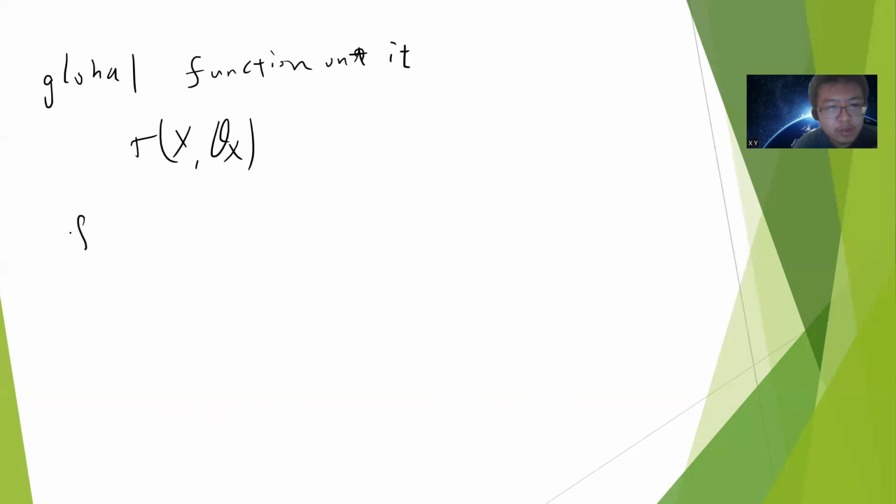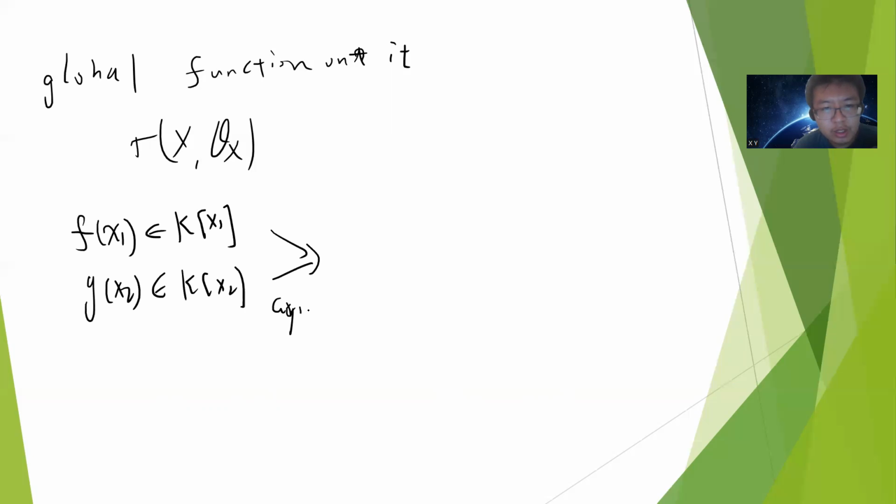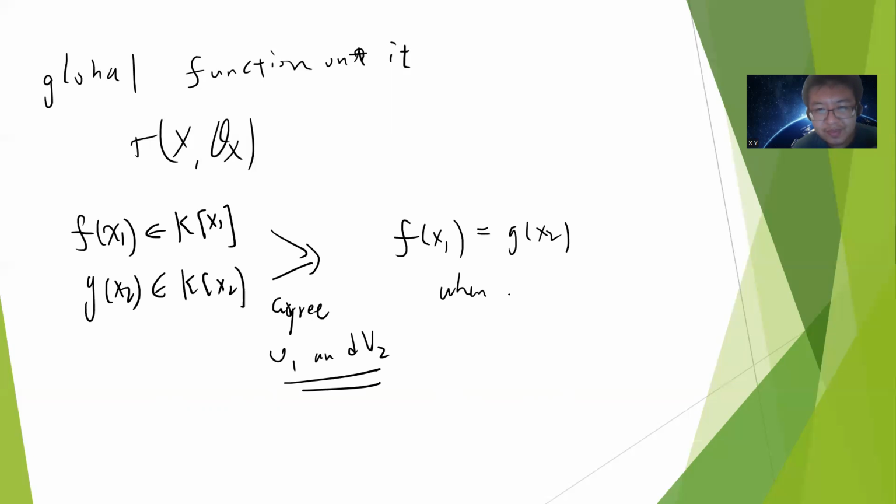So take f(x1) in k[x1] and g(x2) in k[x2], and they agree on U1 and U2, since U1 and U2 are already identified. This means f(x1) is the same as g(x2) when x1 is non-zero. Since I map x1 to x2, I can just replace x2 with x1.